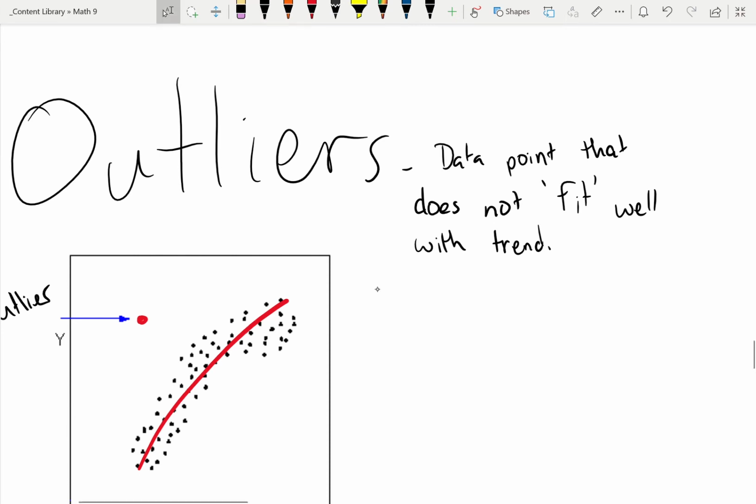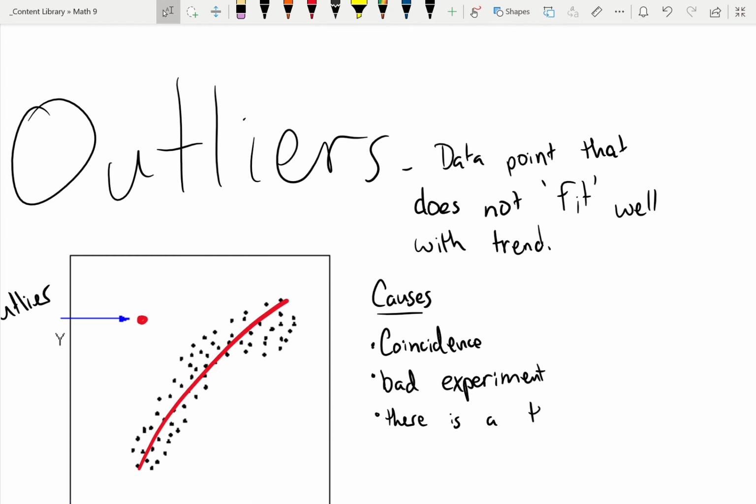So a couple causes. Sometimes it is coincidence, or it might be a bad experiment, or what it might be is there is a third factor at play.